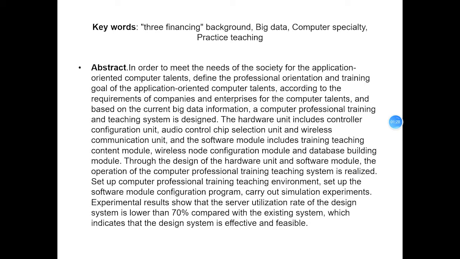Set up computer professional training teaching environment, set up the software module configuration program, carry out simulation experiments. Experimental results show that the server utilization rate of the design system is lower than 70% compared with the existing system, which indicates that the design system is effective and feasible.